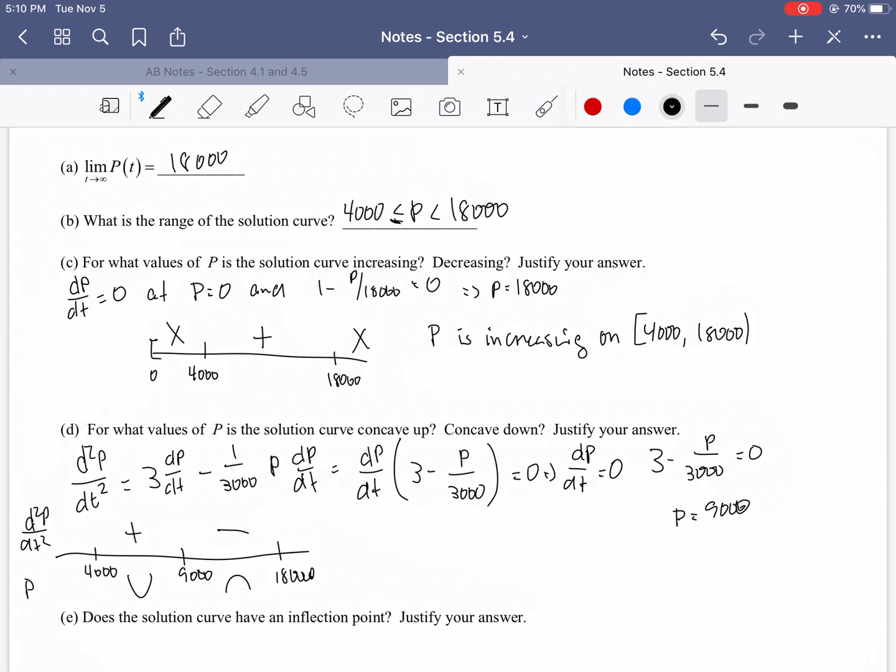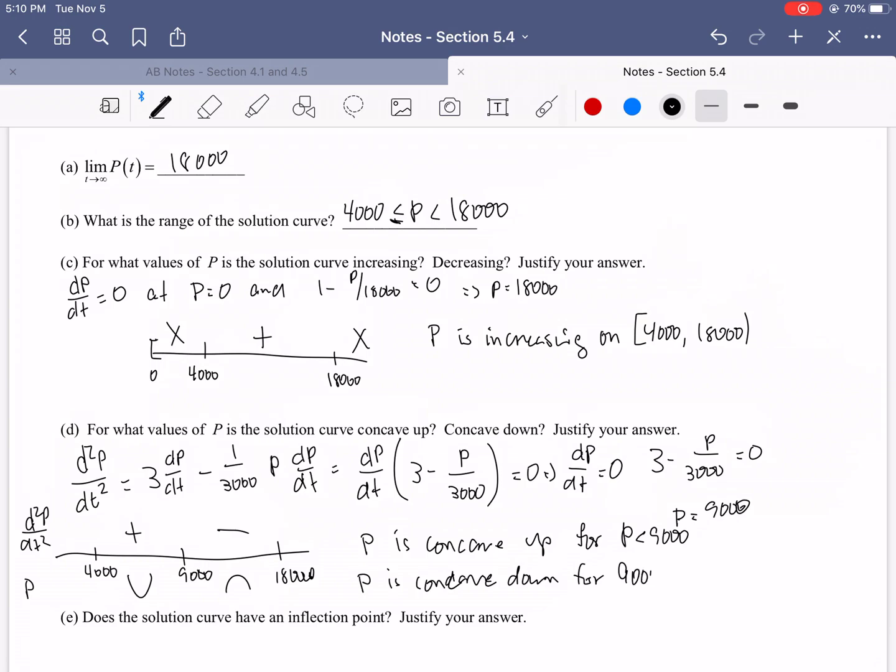And so what we see is that P is concave up as long as the population is less than half of the carrying capacity, and P is concave down as long as P is bigger than half the carrying capacity.